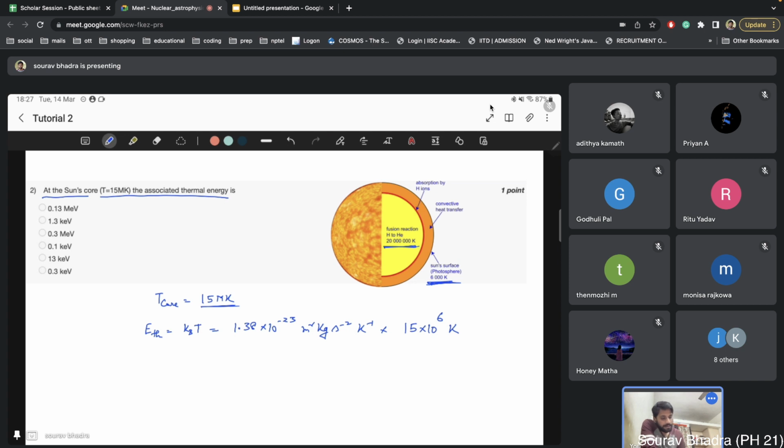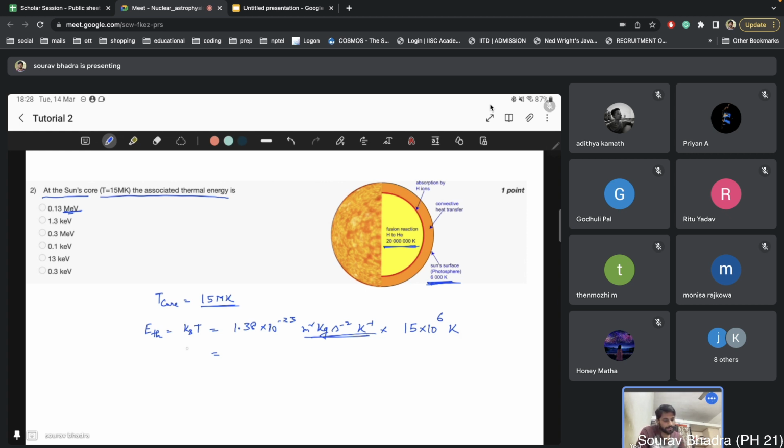Now this is in SI unit. In astronomy or astrophysics, we use electron volt more than the typical SI unit joule or erg. We generally use the electron volt unit for the measurement of energy.